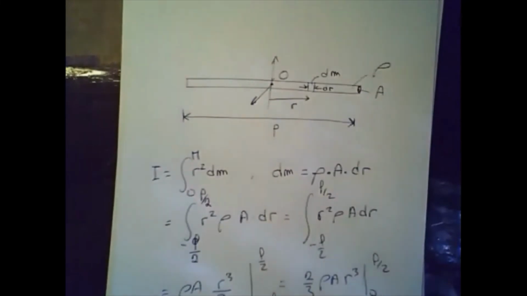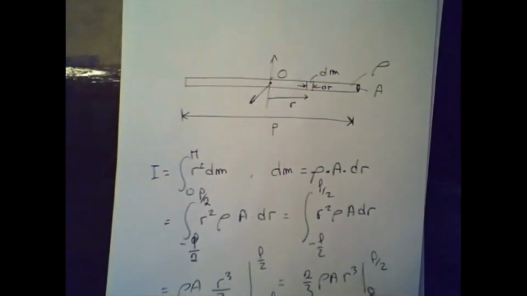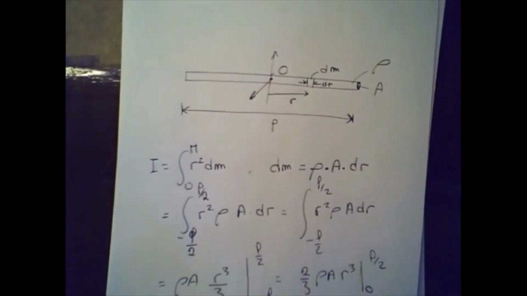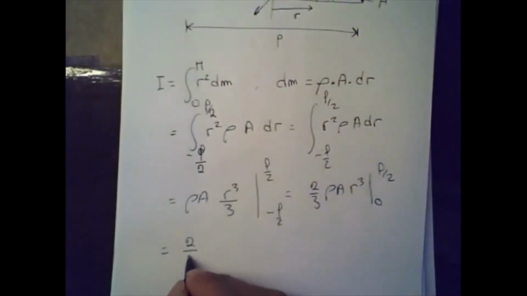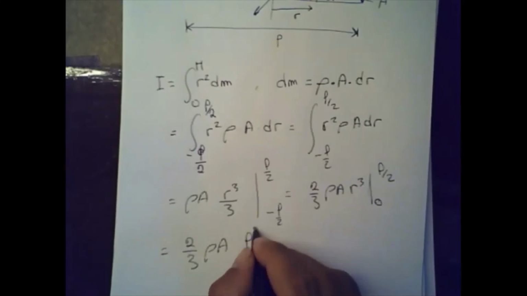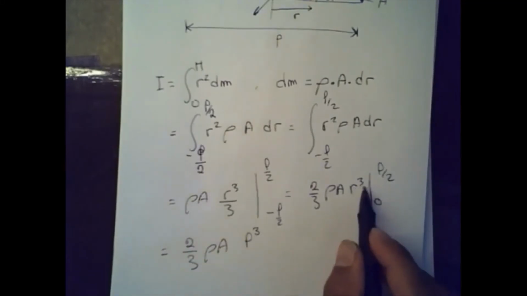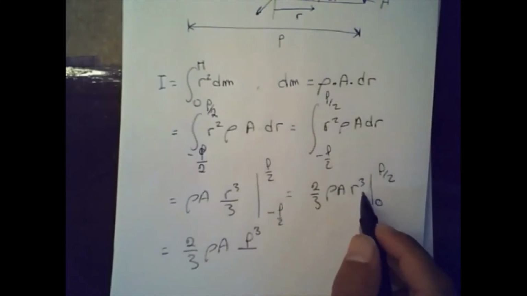So basically I can multiply this by twice and then replace this guy by a 0. So that is going to be equal to 2 over 3 rho A. So it will be L cubed divided by 2 to the power 3, which is how much? 8, right?